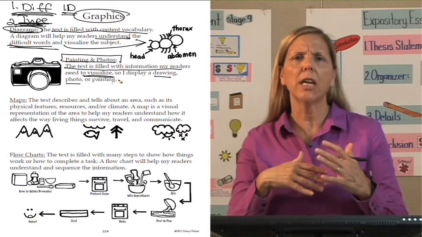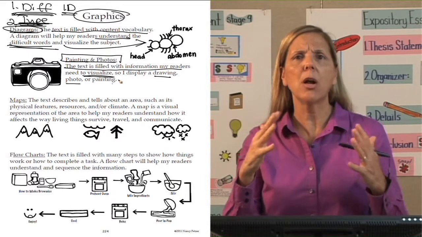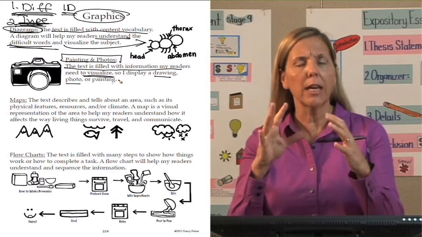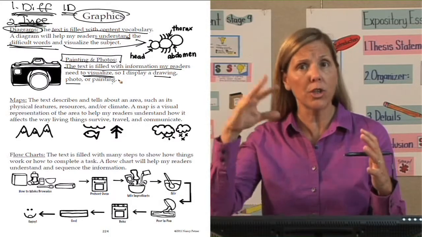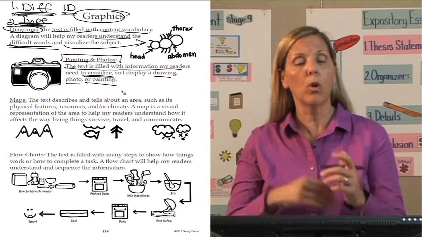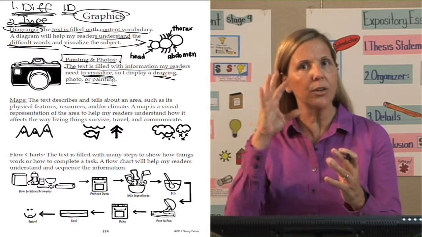What if I was telling about a certain setting, like the Bunker Hill battle, and you had to know that setting and what it looked like because it was important to understand the battle? I can show a painting or a drawing of that particular setting so my reader can visualize it.